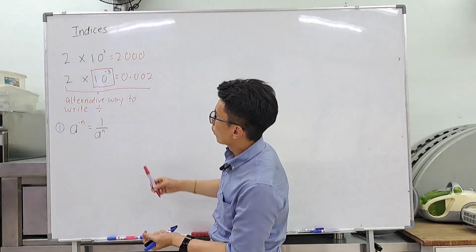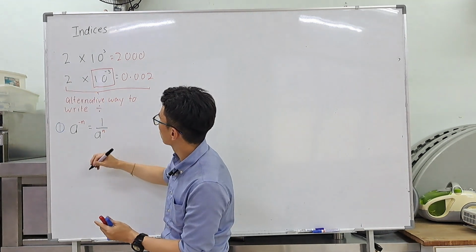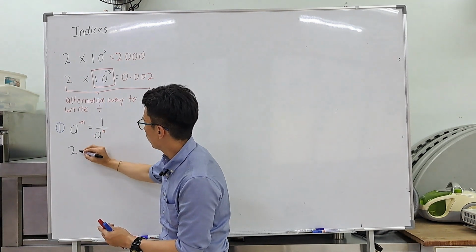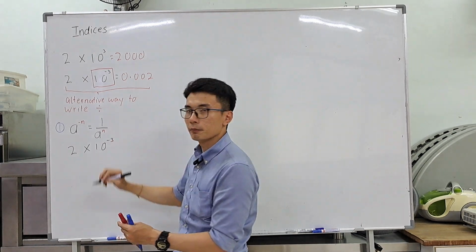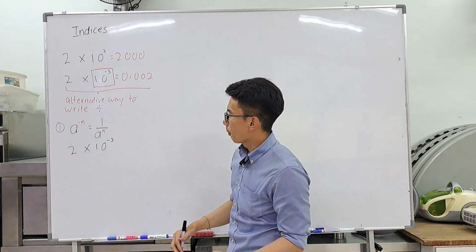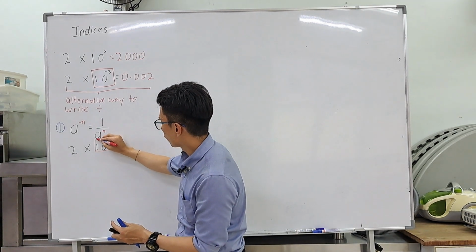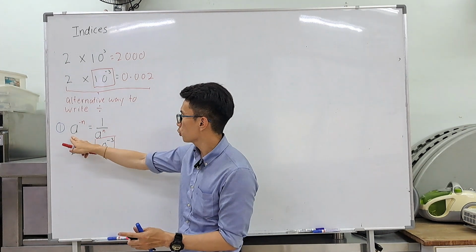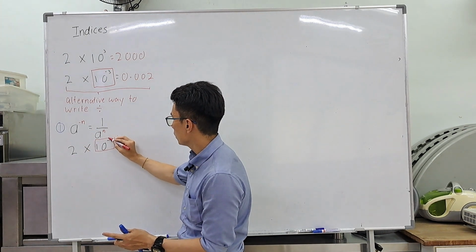I'm just going to write here. At first, I have 2 multiply 10 to the power of negative 3. Now I'm going to apply the first rule to this, and I would like you to see what happened.